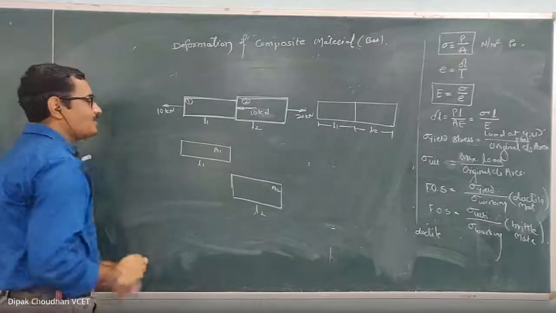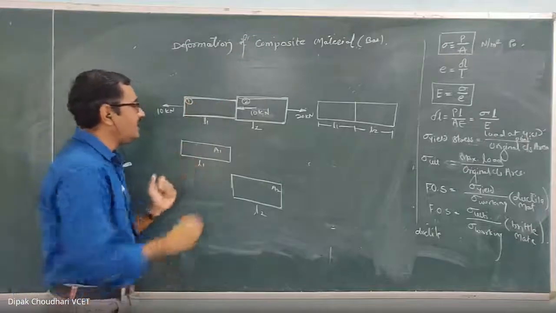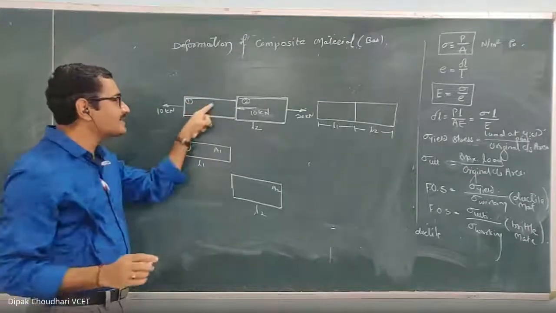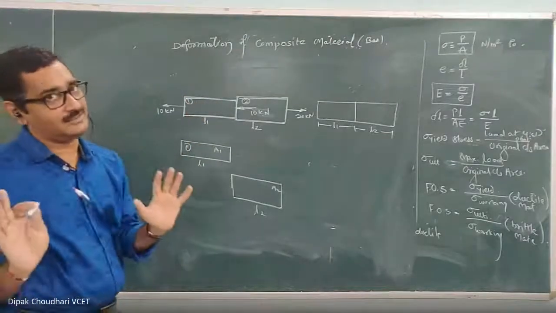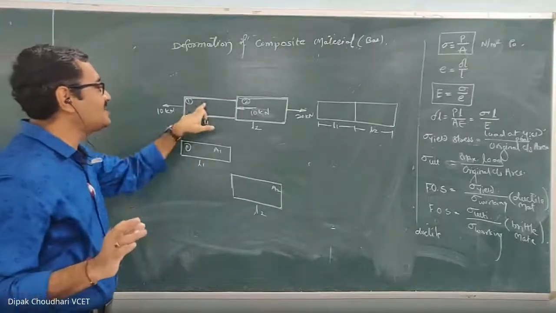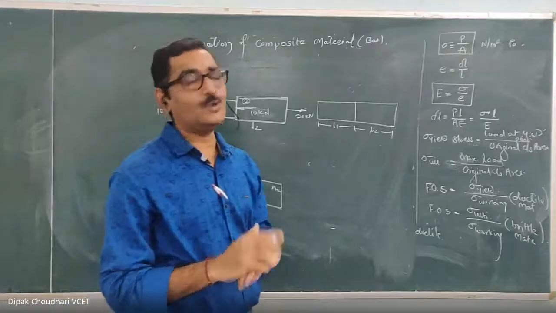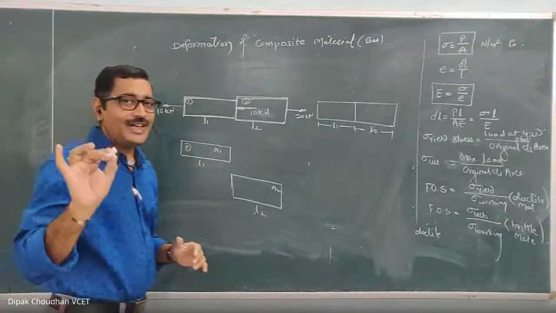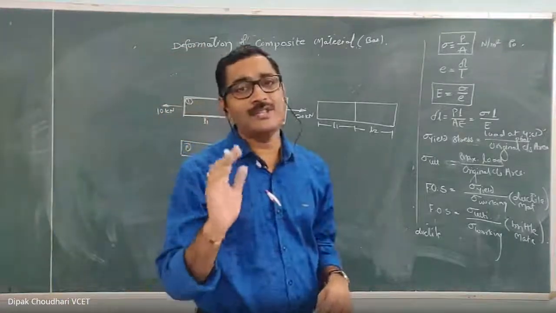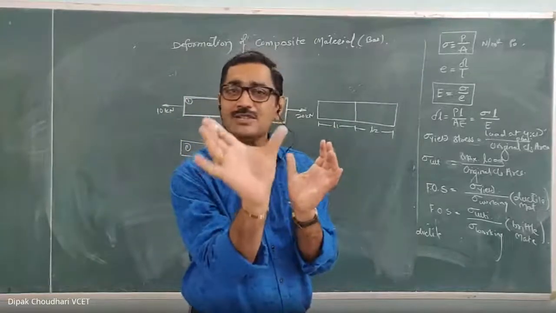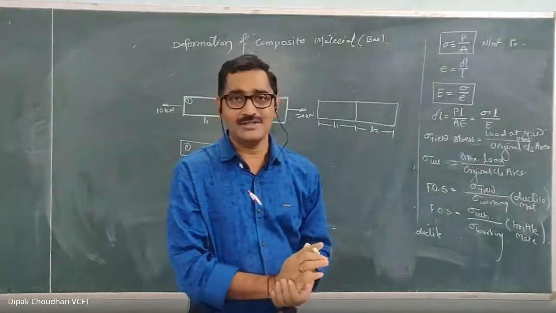Okay, now we have to find out how much is the axial force acting on this part 1? How much is the axial force acting on this part 1? That we have to calculate. Okay, now how to calculate the axial force acting on any particular position or on any particular part of the component?